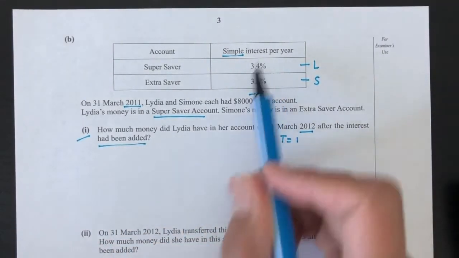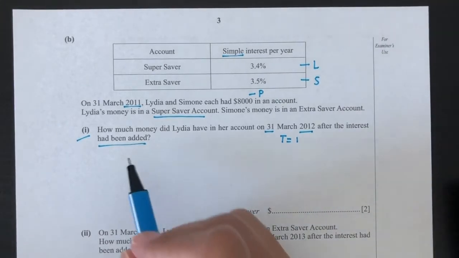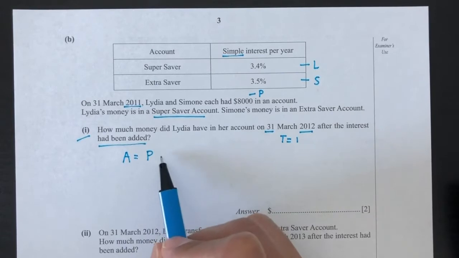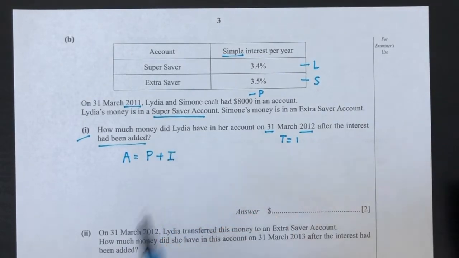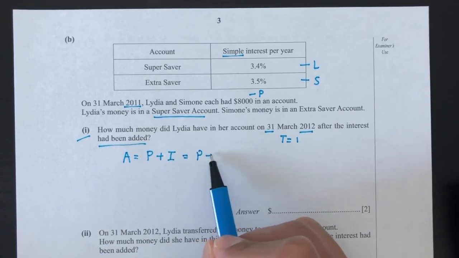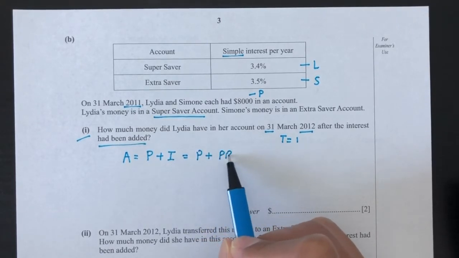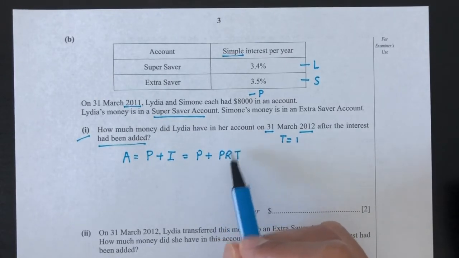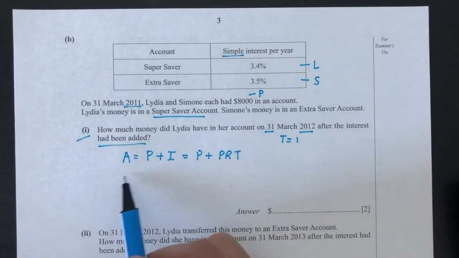So here, as you know, we have simple interest. The formula for that will be amount is equal to P, which is the investment, plus interest. Now you know that I is equal to P R times T. P is the investment, R is the rate, and T is the time. So let's replace.